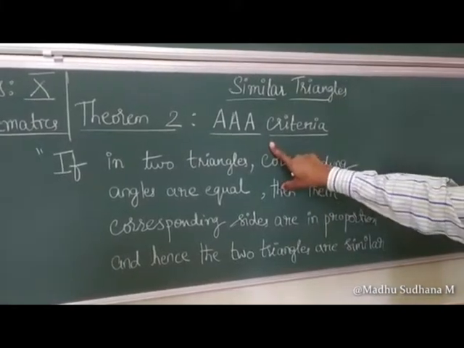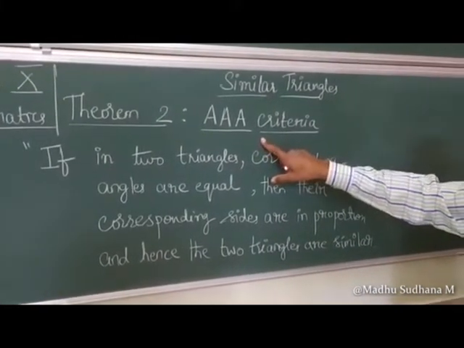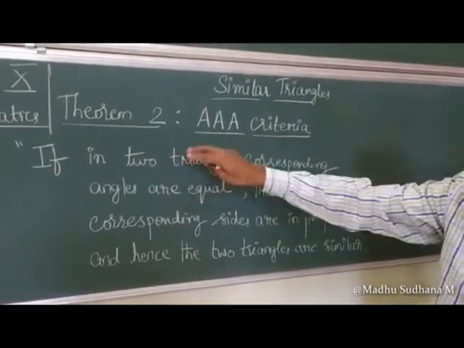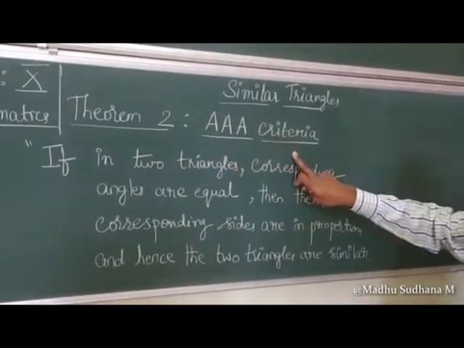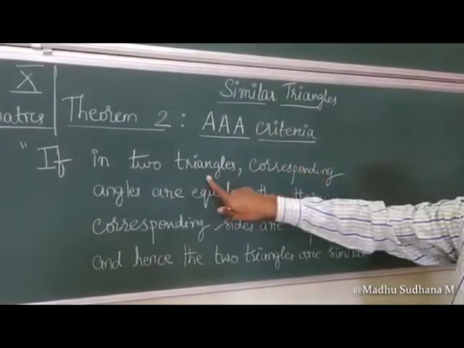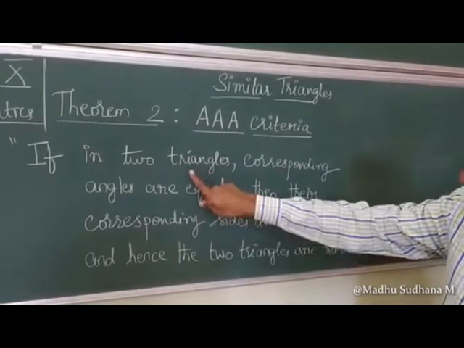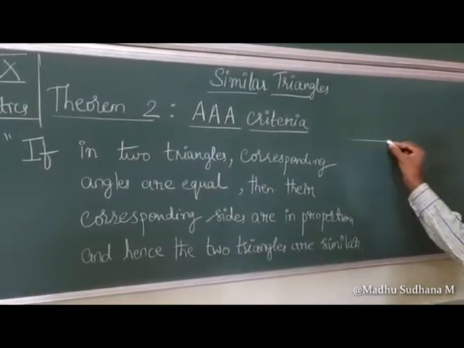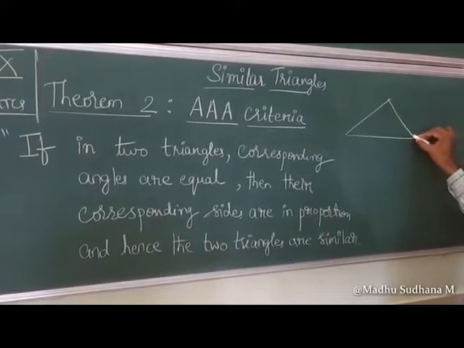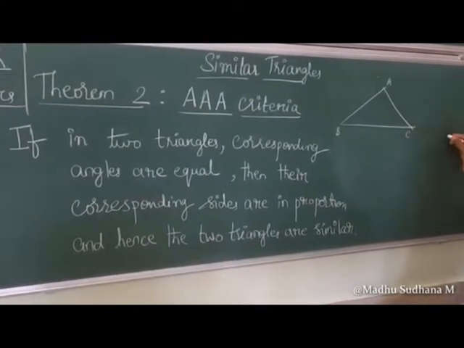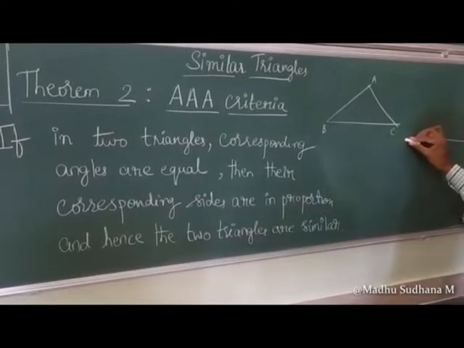So this is one important theorem after the theorem of BPT. The basic proportionality theorem is our theorem 1. Now this is the AAA criteria. If in two triangles the corresponding angles are equal, suppose I have a triangle like this. This is my triangle, A, B and C vertex, and I have one more triangle.